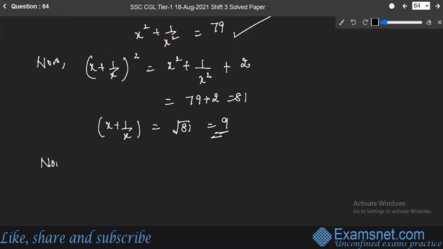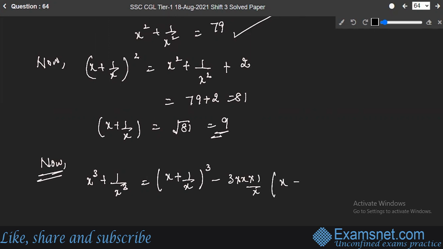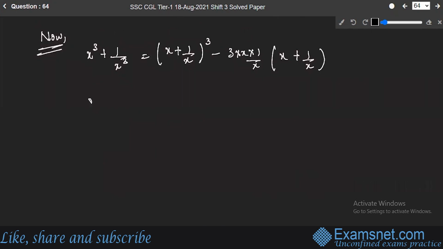So now x cube plus 1 upon x cube is equal to (x plus 1 upon x) whole cube minus 3 into x into 1 upon x into (x plus 1 upon x). We just solve the value of this. This was 9, so this is 9 cube. They will cancel, minus 3 into 1, and this value was 9 again.